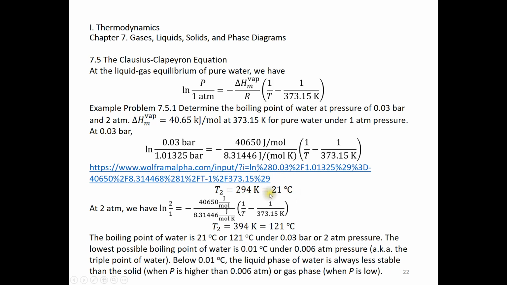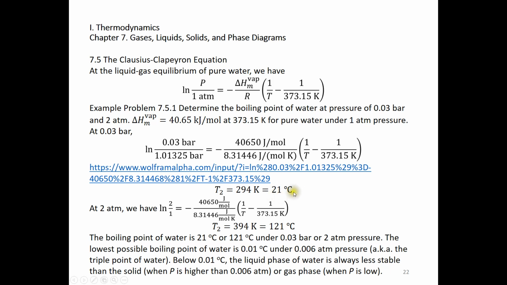What's the physical meaning of this? Well, there are 2 interpretations. One is this: at 0.03 bar condition, if the external pressure of pure water is 0.03 bars, water can boil at 21 degrees Celsius.